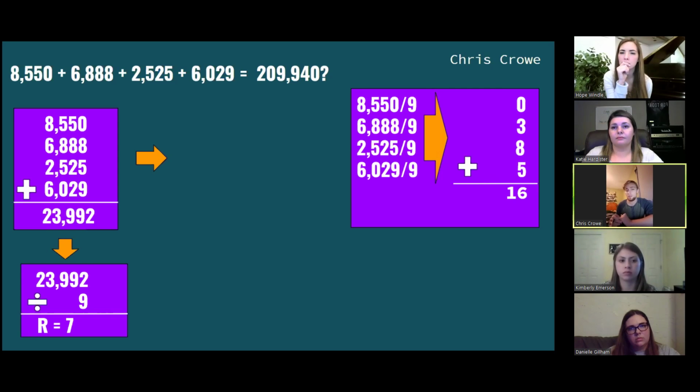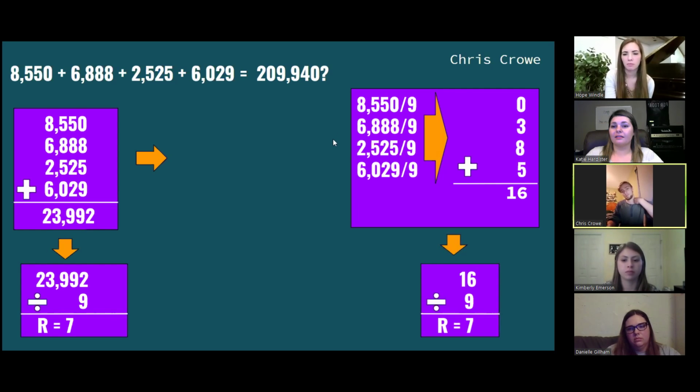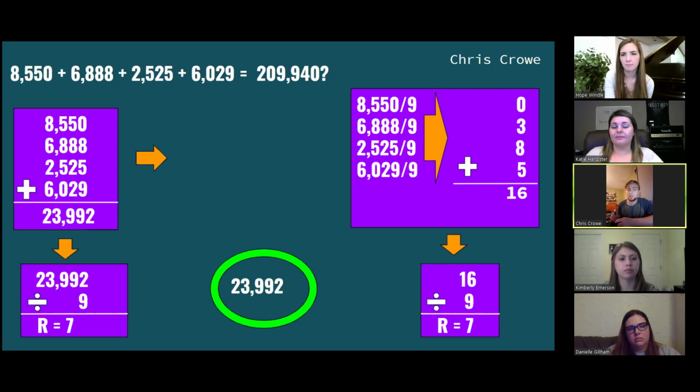If the remainder matches 7, then we know that 23,992 is the accurate answer, as opposed to the given answer of 209,940. And as we can see, the remainder is 7 when 16 is divided by 9. So we can tell that 23,992 is our correct answer, and the other one is not. It is a liar.